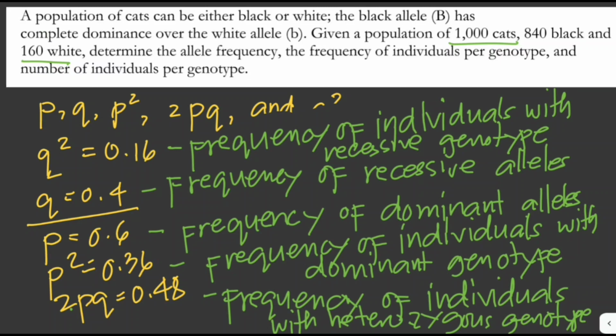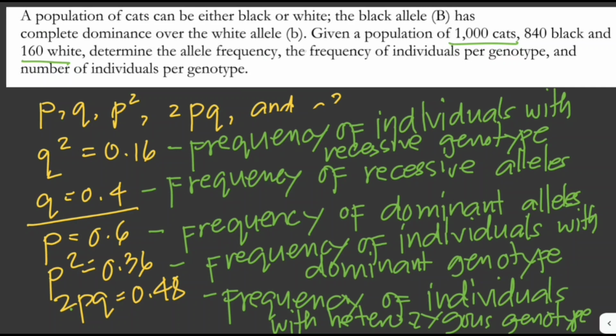We can always check the frequencies by substituting all the values back into the Hardy-Weinberg equations, which are p plus q equals 1 and p squared plus 2pq plus q squared equals 1.